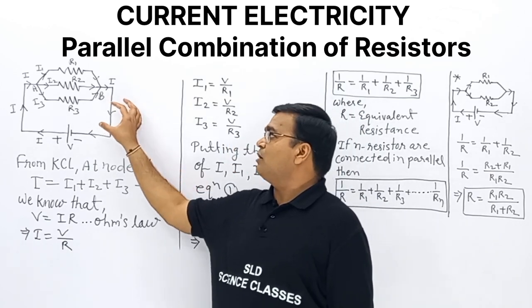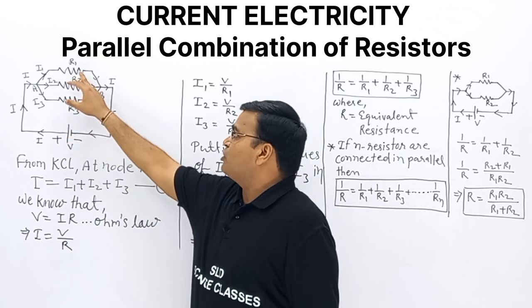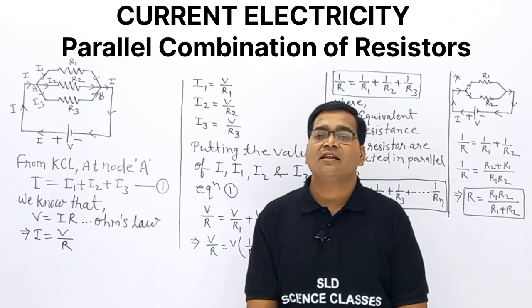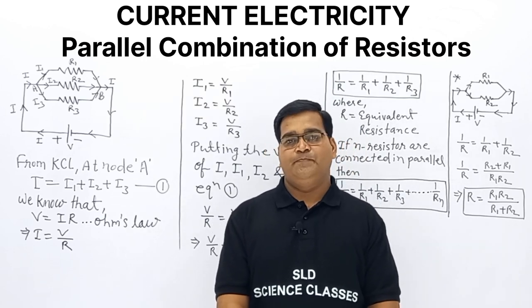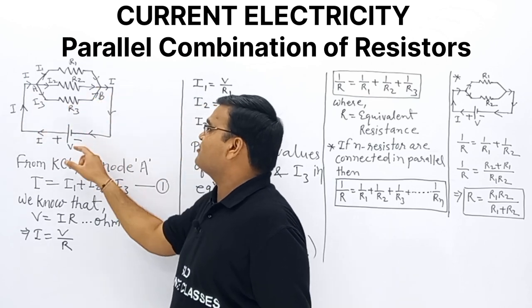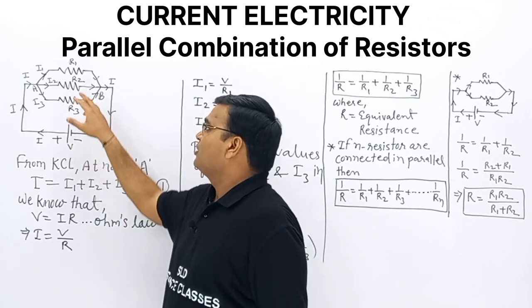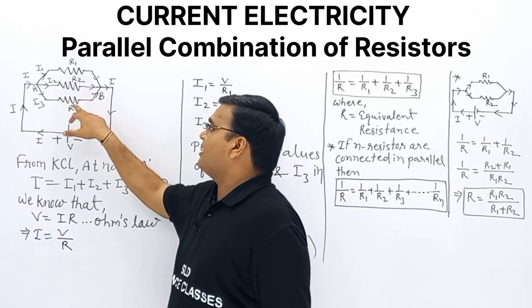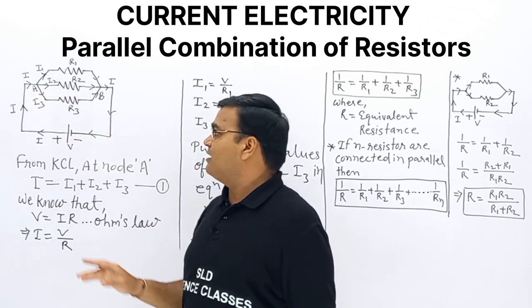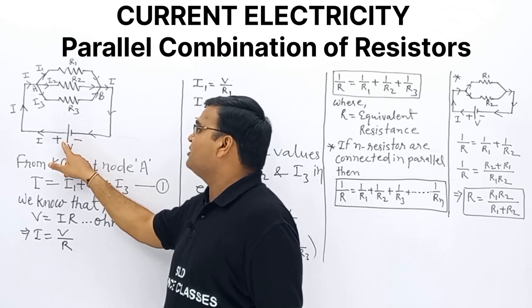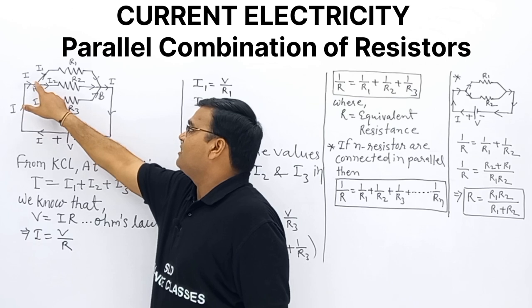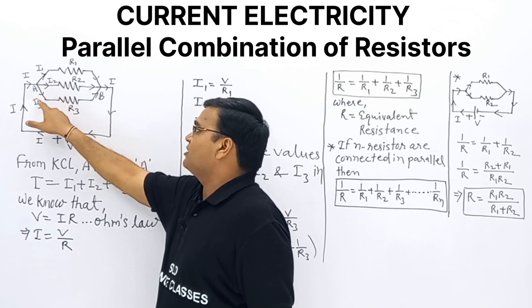Observe, this is a parallel circuit in which R1, R2 and R3 are three resistors connected in parallel, and the voltage drop across all these resistors is V. Current I is flowing from this source, and this current I divides into three branches.